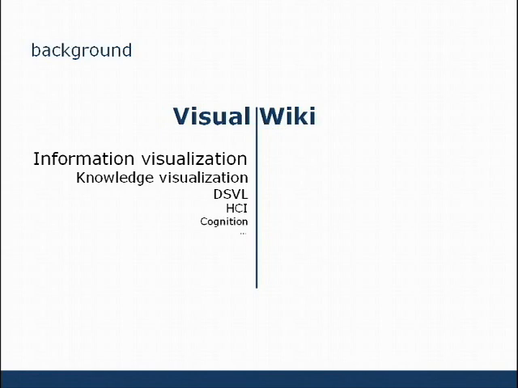And if we look at the visual part, there's a variety of different things that come to mind in terms of things like information visualization on the one hand, knowledge visualization in a more general sense, domain-specific visual languages, which is something that our group's been playing around a lot with, and then human-computer interaction, how do you interact with visualizations and make them useful, and underpinning that cognition, how do you actually make use of a visualization in order to stimulate the brain into recognizing patterns that it would be difficult to recognize otherwise.